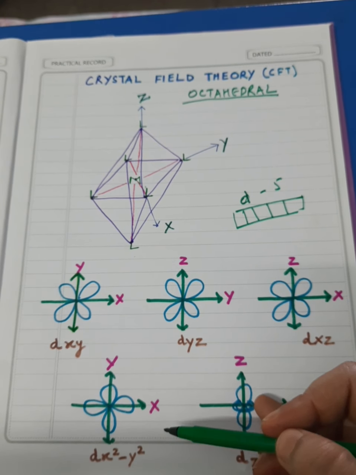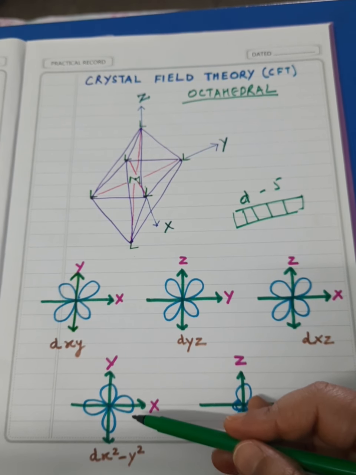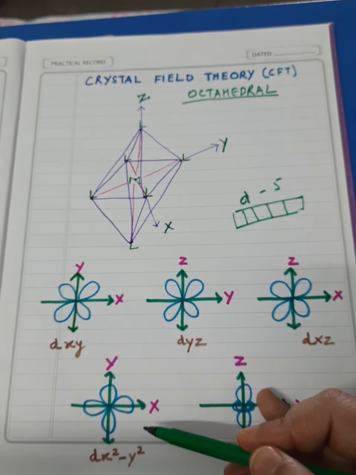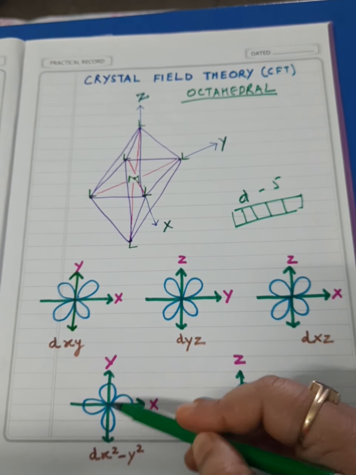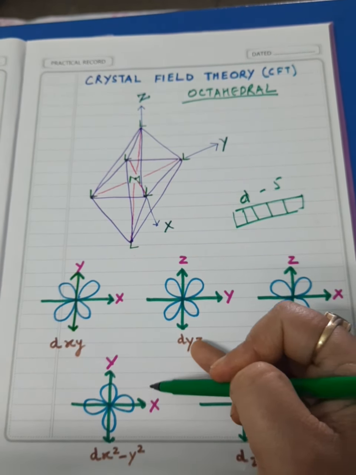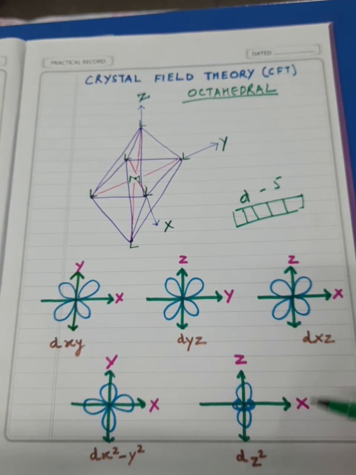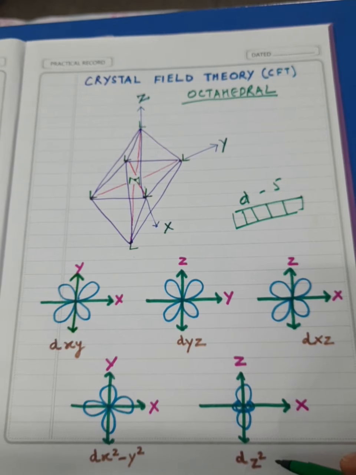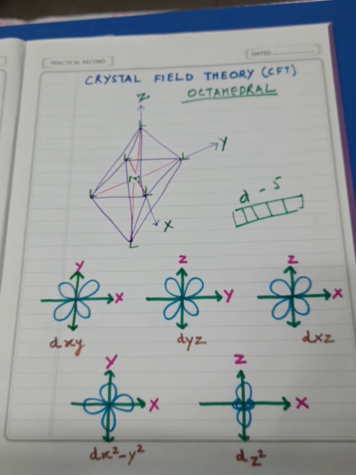Now, the fourth d orbital is dx square minus y square. If you look at the structure, you can understand very clearly that the lobes are along the axis, not in between. This is dx square minus y square. Now when you see dz square, here also both the lobes are along the z axis.